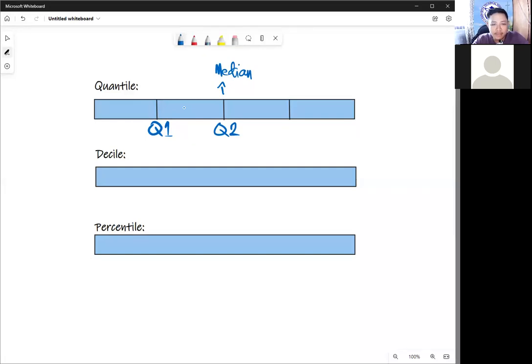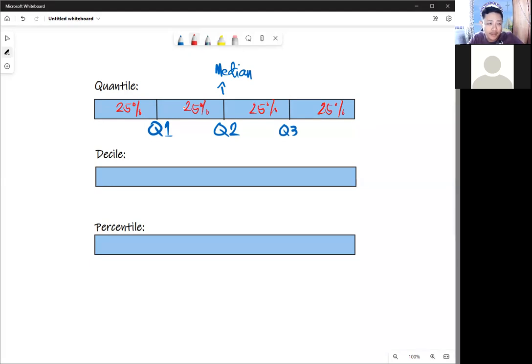And then we also have our third quartile. So we are familiar with all this. This is 25%. This is also 25% because it's divided into 4. 25% and 25%. Now, that was last week.